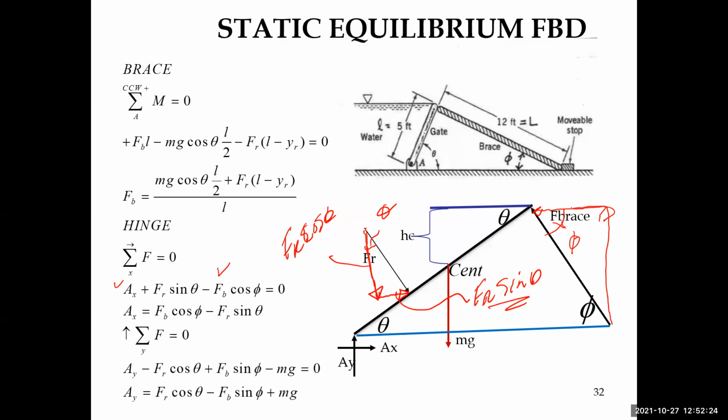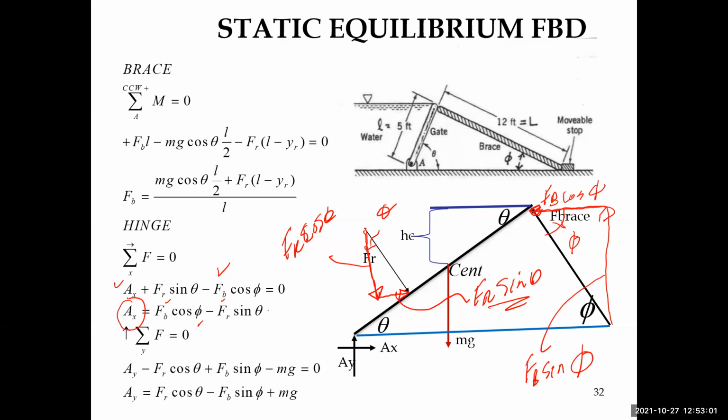And this component will be F sub B times the cosine of psi. And this component is F sub B times the sine of psi. Okay, so that's a minus F sub B times the cosine of psi is equal to 0. And once again, I have one equation and one unknown because I know F sub B, I know F sub R, I know phi, and I also know theta. So therefore, I can solve for A sub X.